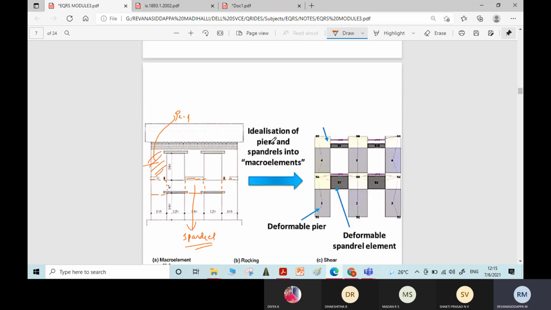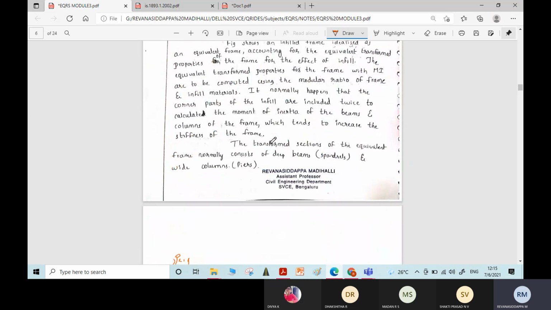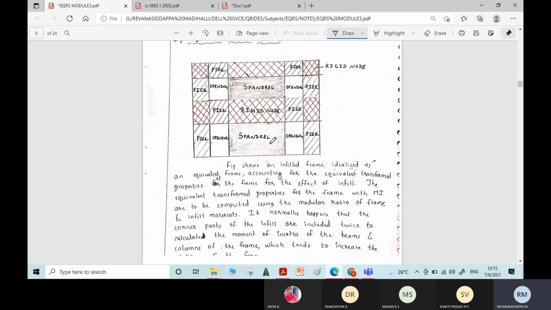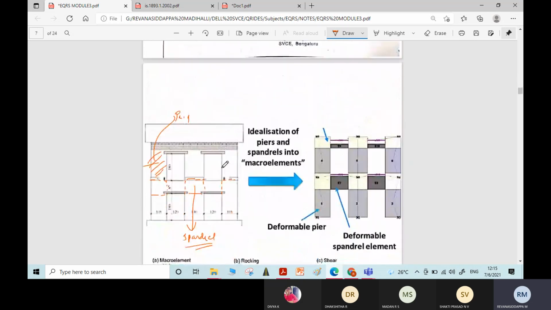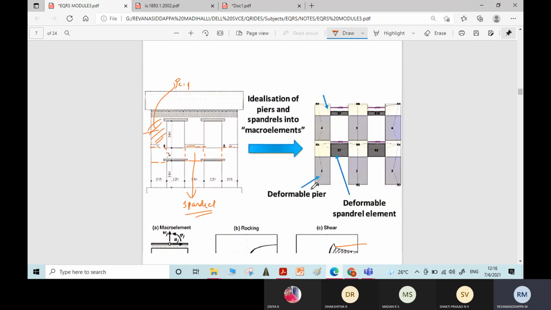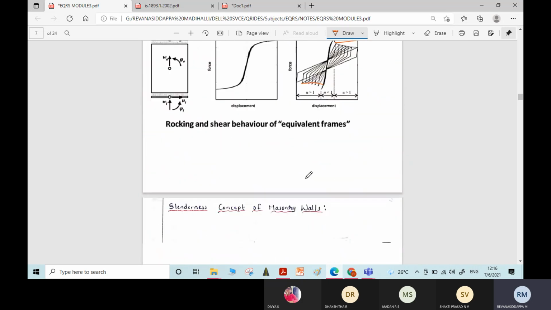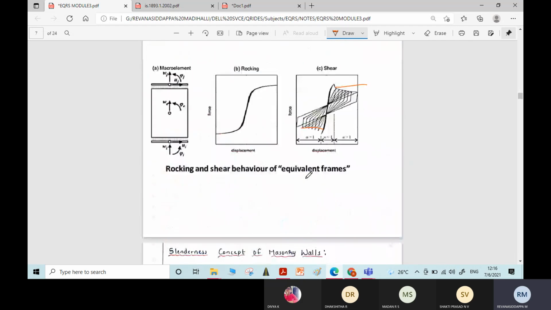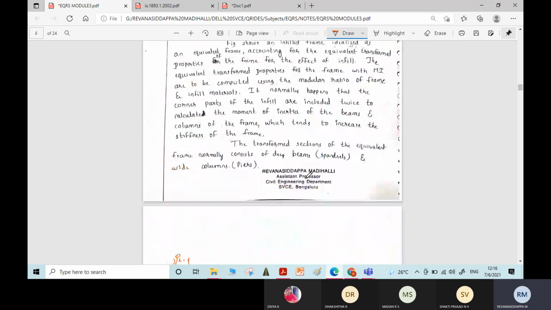So this is how we convert a masonry infill structure into an equivalent frame. An equivalent frame is a combination of beams and columns. The masonry infill wall is idealized as columns and beams, and the analysis is performed. So this is about modeling concepts of infill masonry walls.